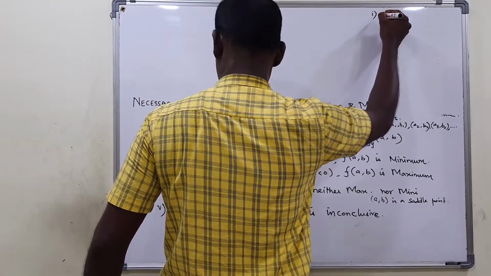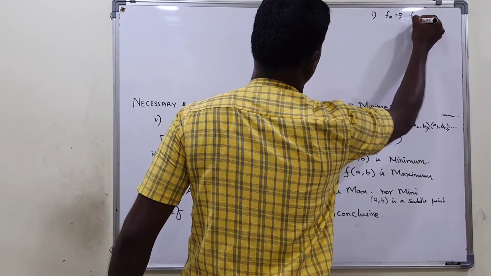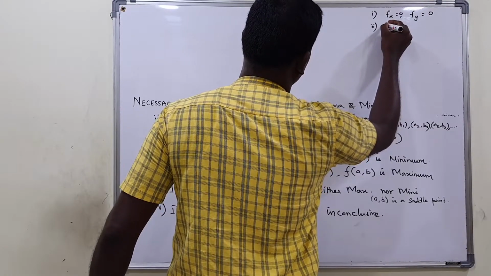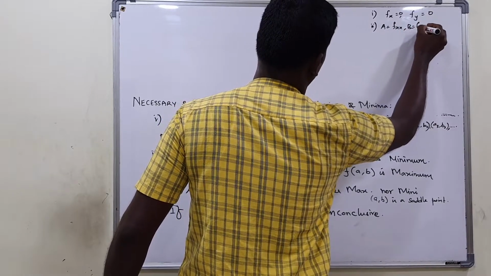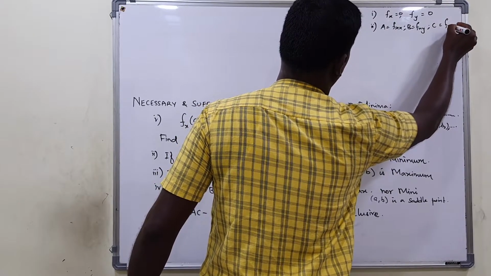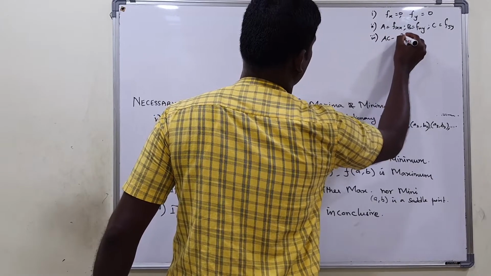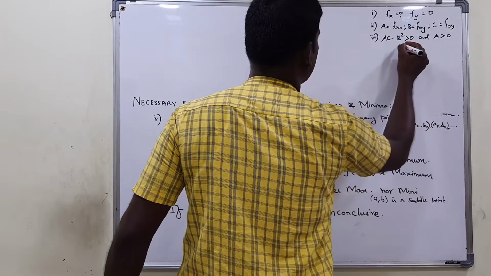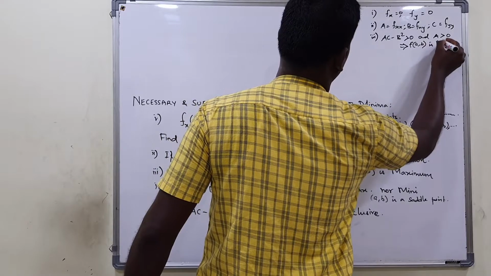First one, find fx equal to 0 and then fy equal to 0. Second one, what is A? F double x. What is B? Fxy. What is C? F double y. The third one, AC minus B square is greater than 0 and A is greater than 0 implies f of A comma B is minimum.